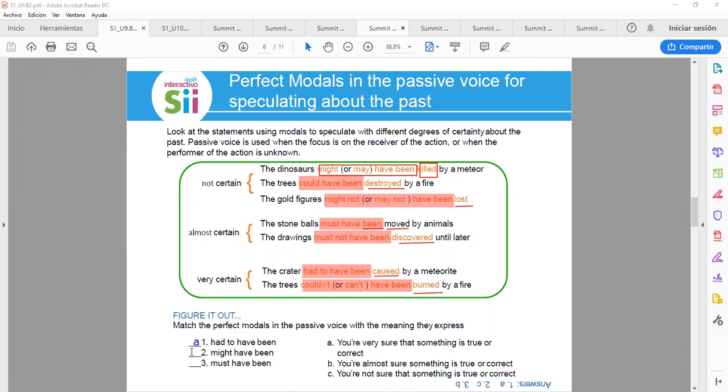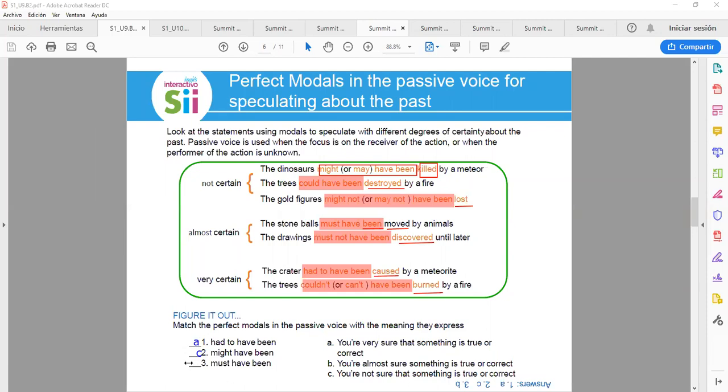Number two, might have been. Okay, that's correct. It is going to be used when we are not sure that something is true or correct.